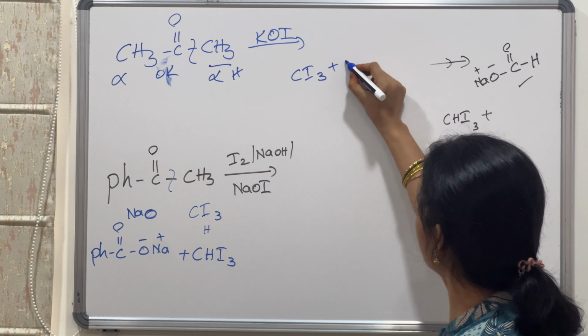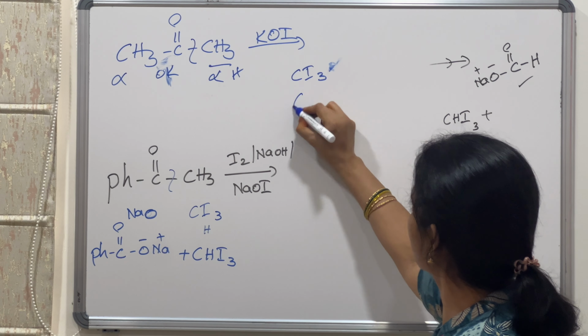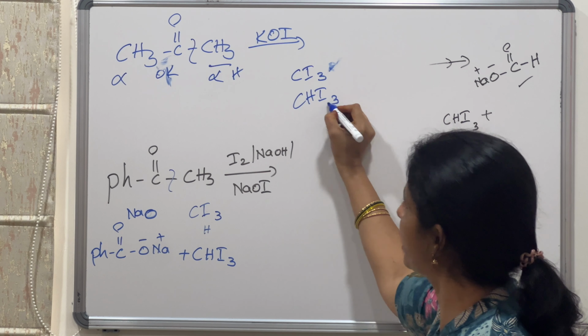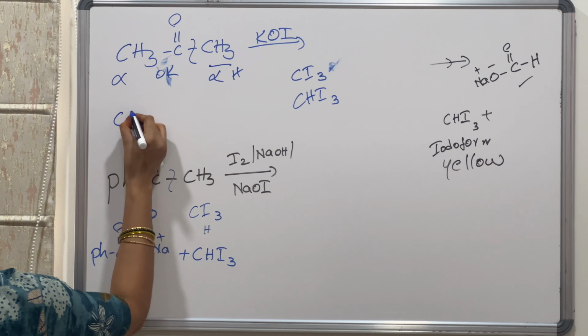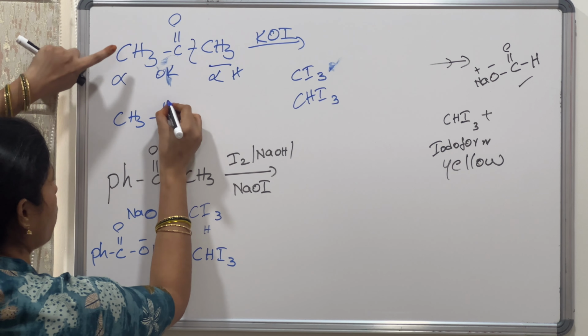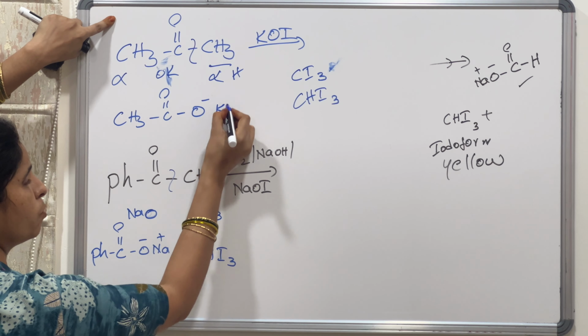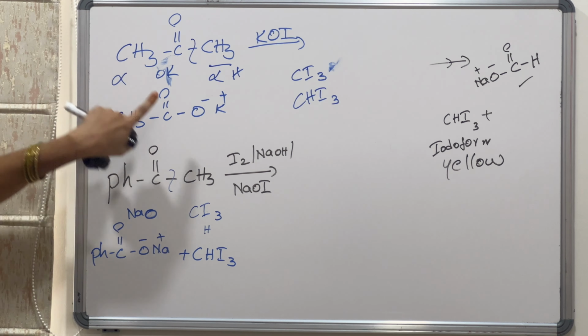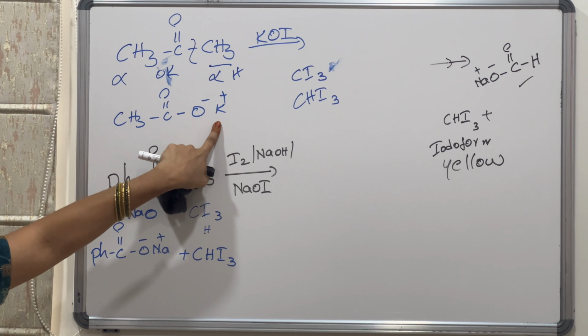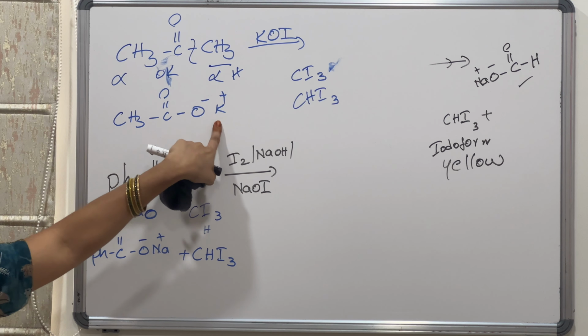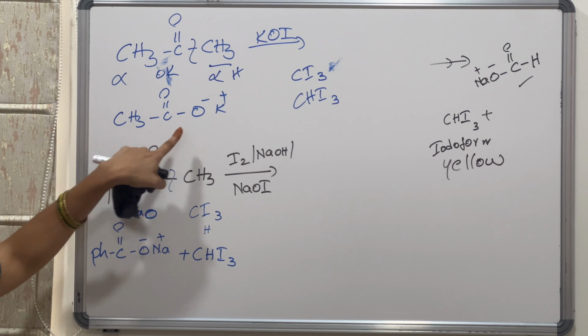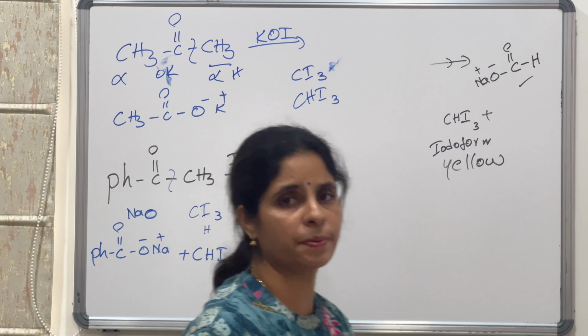This will become CHI3, your iodoform, and this will be CH3CO, you are adding oxygen to this carbon atom, O minus K plus. So it is a potassium salt of a carboxylic acid plus iodoform, yellow color precipitate.